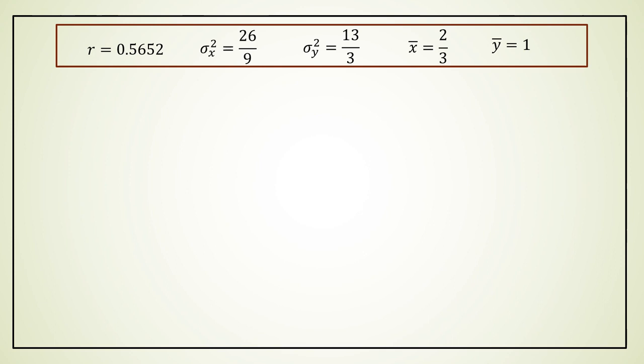So from the previous slide, the value of r over here is 0.5652. Sigma x square is 26 by 9. Sigma y square is 13 by 3. X bar is 2 by 3 and y bar is 1.